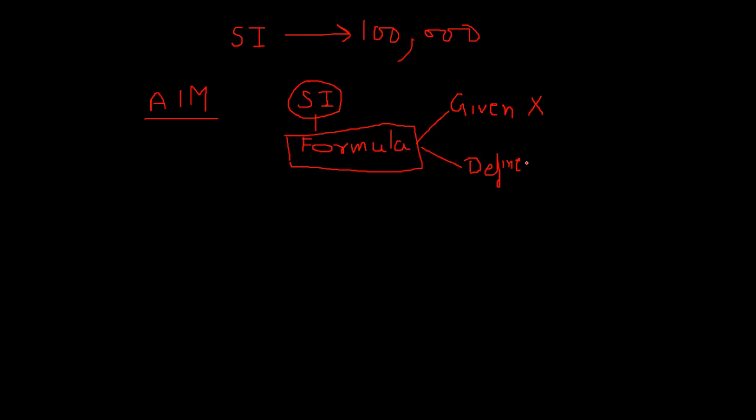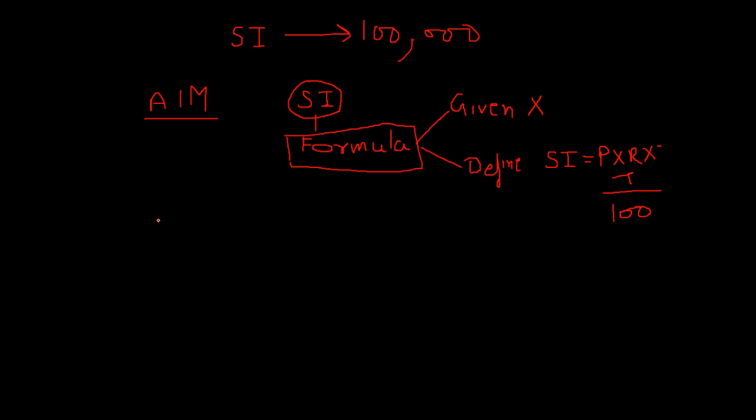But yes, we know that the formula for finding the simple interest is SI is equal to P, the principal amount, multiplied by R, the rate of interest, multiplied by T, the time, and the whole is divided by 100. P into R into T divided by 100. This is the formula for finding the simple interest, right?